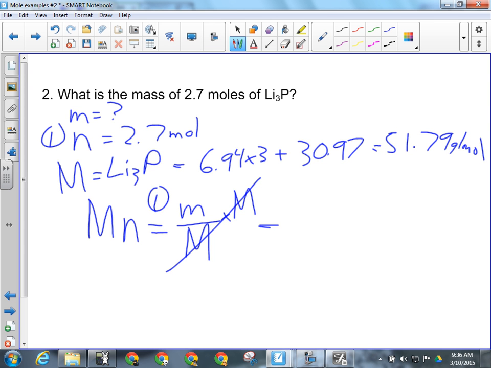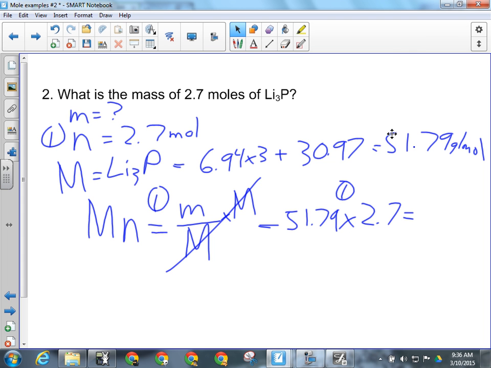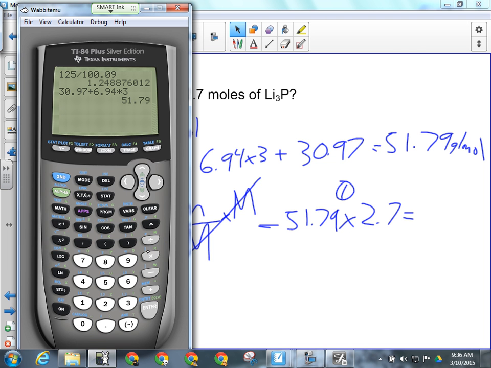Okay, then we got to plug in our numbers. So big M was 51.79, and N was 2.7 moles. Probably get a mark for that. All right, we're looking at 139.833.